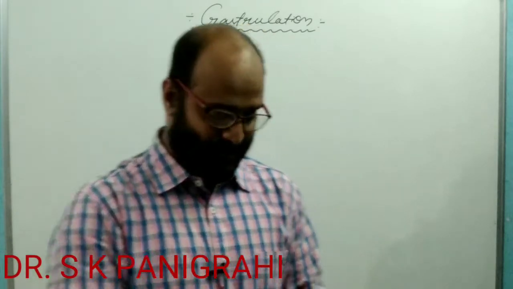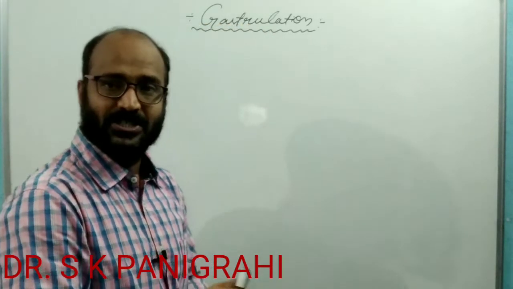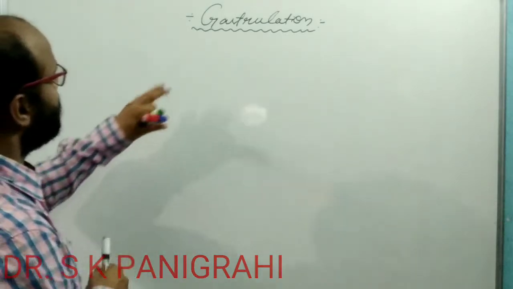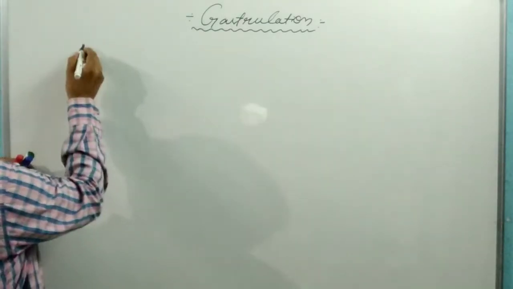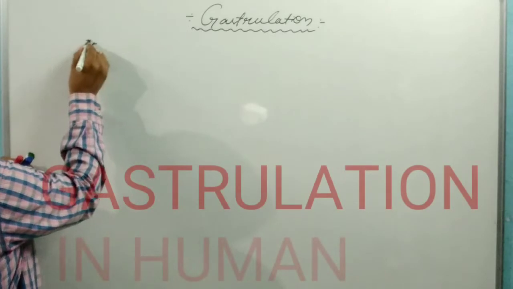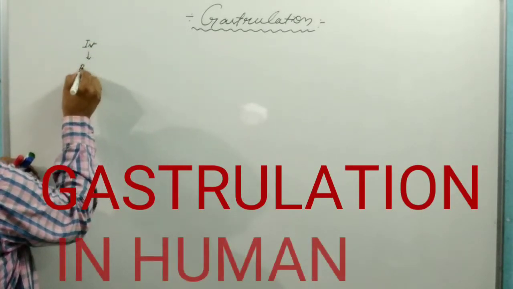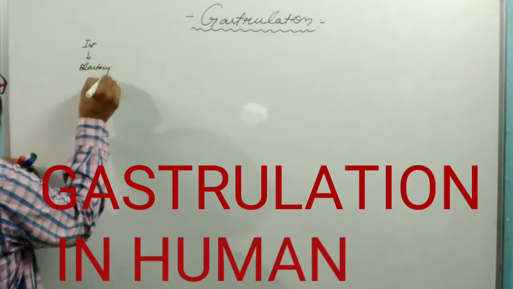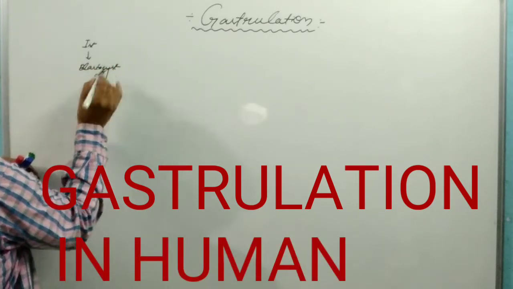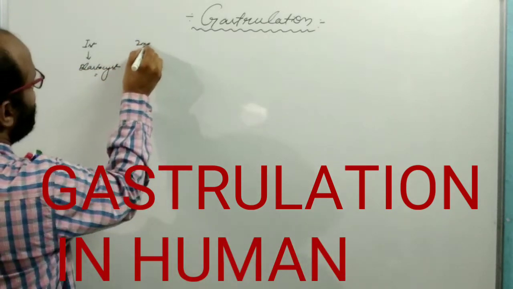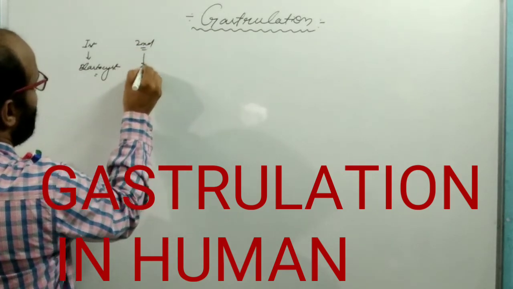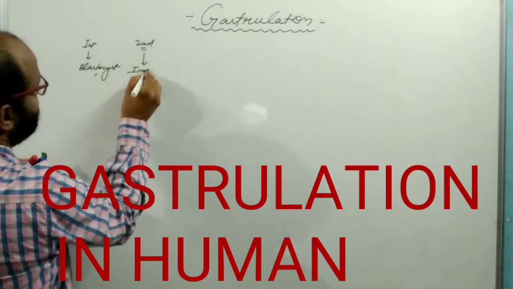In this session, I am discussing the process of gastrulation in humans. So, what is the process of gastrulation? By the end of the first week of fertilization, the blastocyst is formed, and by the second week of fertilization, implantation takes place.